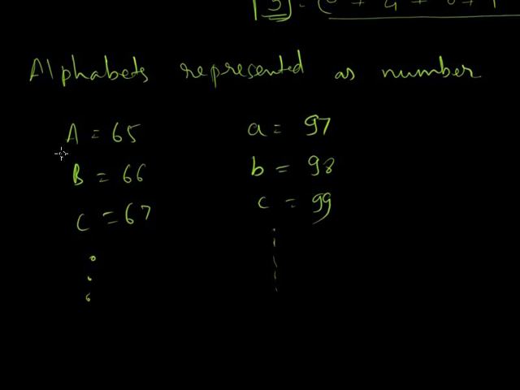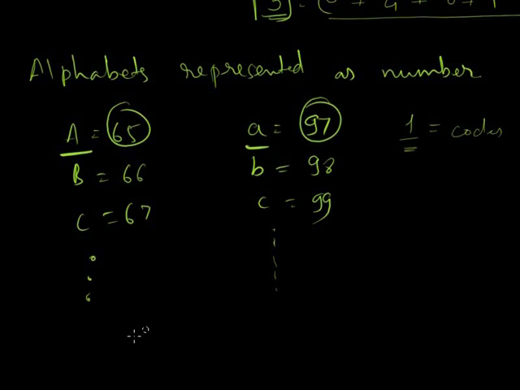For capital and small letters we have different codes because we represent them as different objects. Small a is different from the capital A, right? So every symbol is represented by a code, all the symbols you see on your keyboard, and sometimes even numbers are represented as codes.